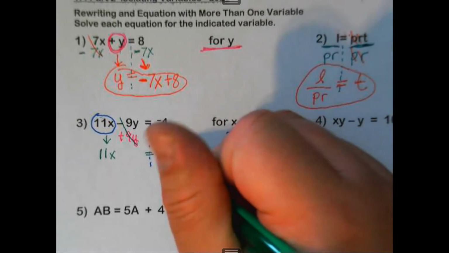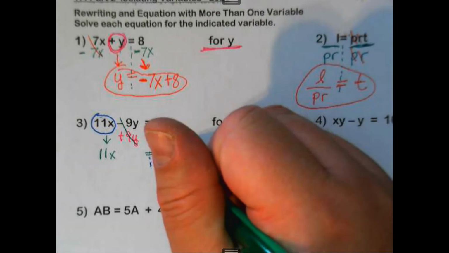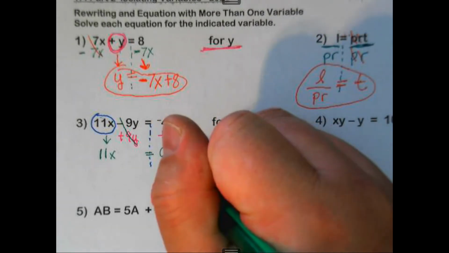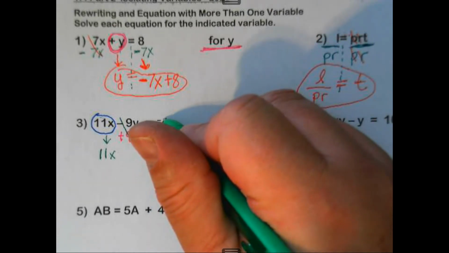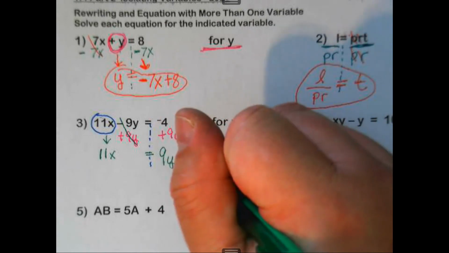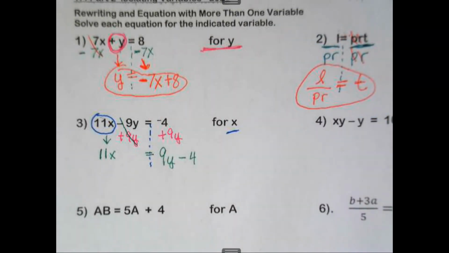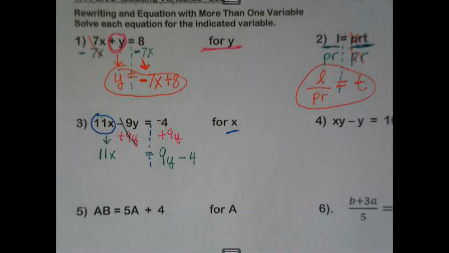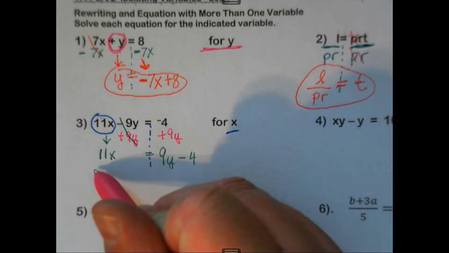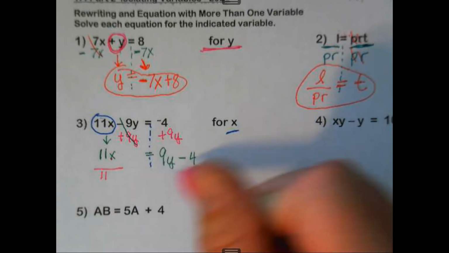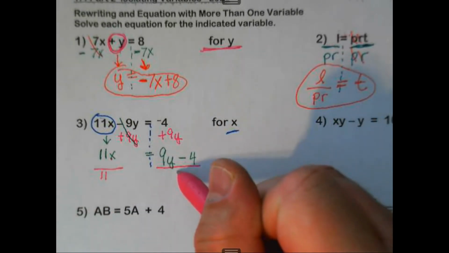Again, it's just standard form to always have your variable term first, then a plus -4 or -4, and then I still need to get the x by itself, so I have to divide everything by the coefficient, 11.